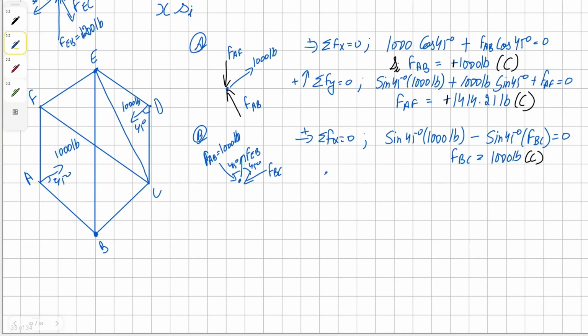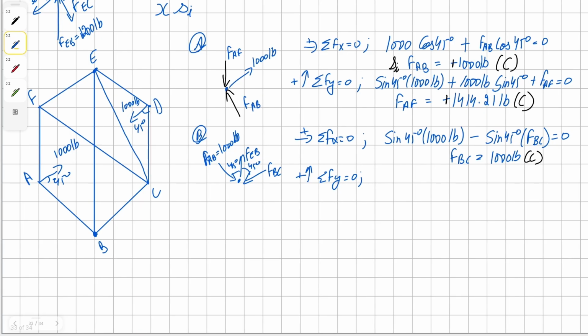Now we can sum the forces in y direction. We have both vertical components, so it's 2 times cos 45 degrees times 1000 pounds, and then positive unknown force EB, all equal to 0. For EB, we get a solution of 1414.21 pounds.